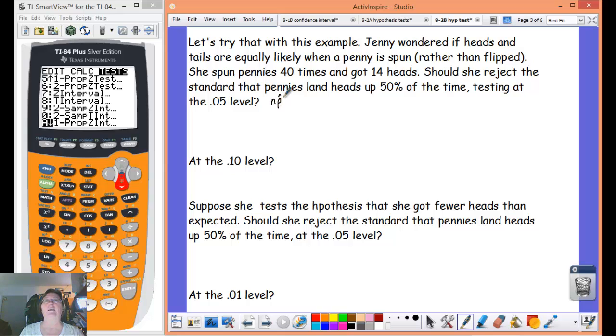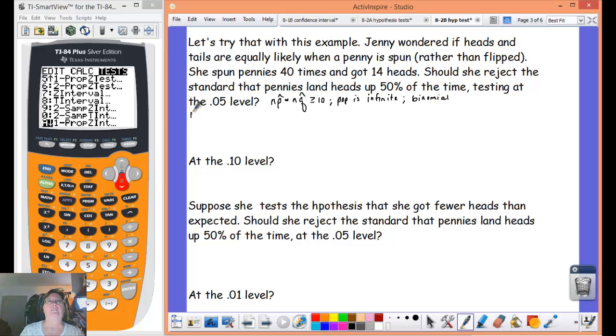N times p hat and n times q hat are both larger than 10. The size of the population is infinite because you can spin pennies as many times as you want. So our population is large enough. And this is a binomial situation. It either lands on its head or not. Okay, you must check those.